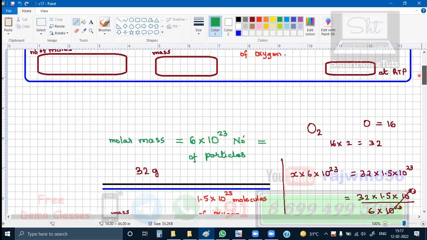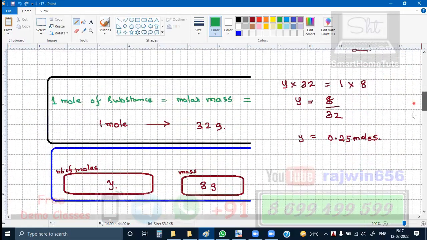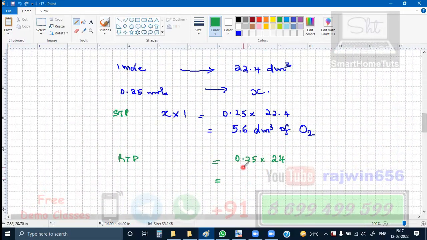It's the condition that is there at room temperature and pressure. Its volume is always going to be 24 dm cube. This is what we had done last time. So the final calculation, 0.25 multiplied by 24, is going to become 6 dm cube of oxygen at room temperature and pressure. This is going to be at standard temperature and pressure.